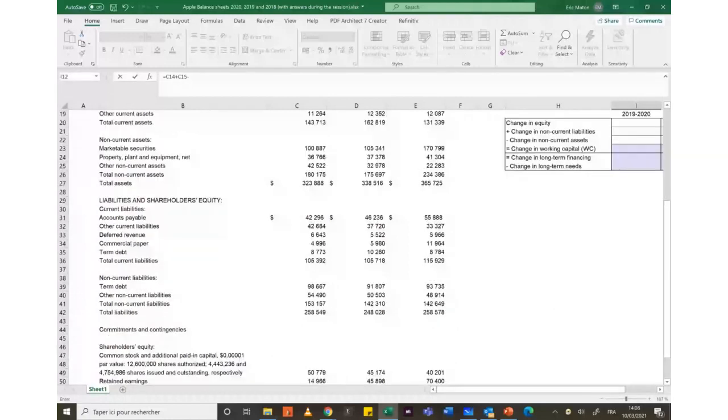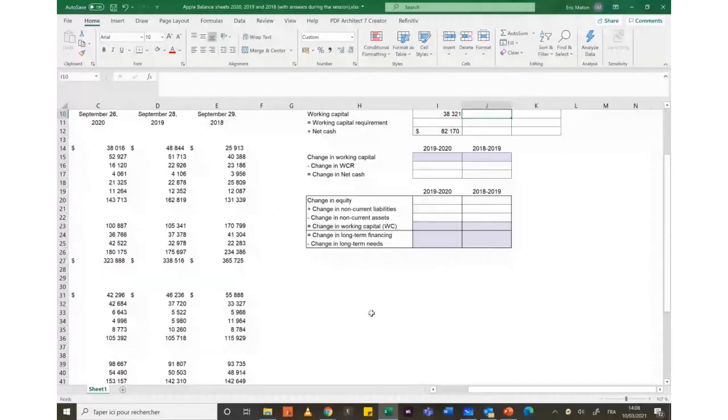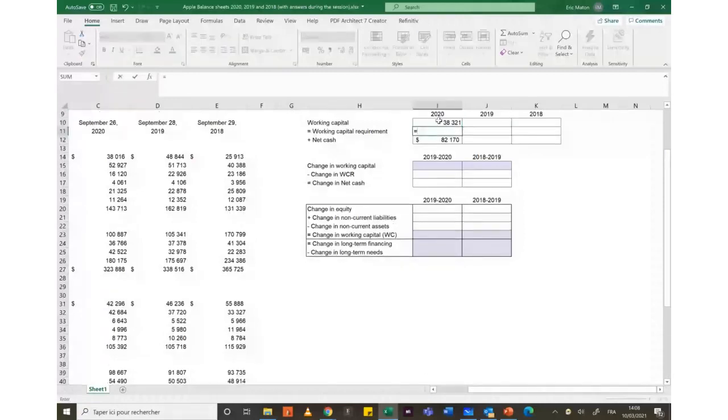So here you have the term debt. Okay, so C14 plus C15 minus C35. And the working capital requirement is the rest. So you can use the working capital minus the net cash.